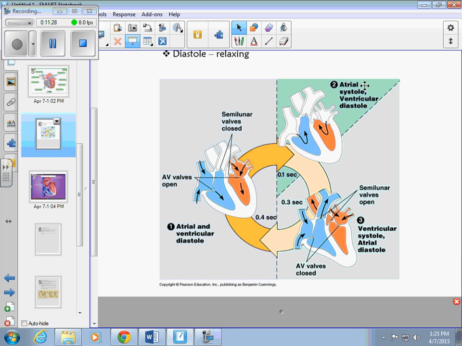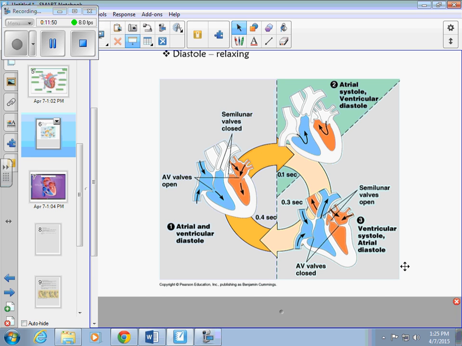The second part of our cycle is that the atriums are going to contract, and the ventricles are going to stay relaxed. So the atriums, which are the upper chambers of the heart, are going to squeeze the blood down into the ventricles.